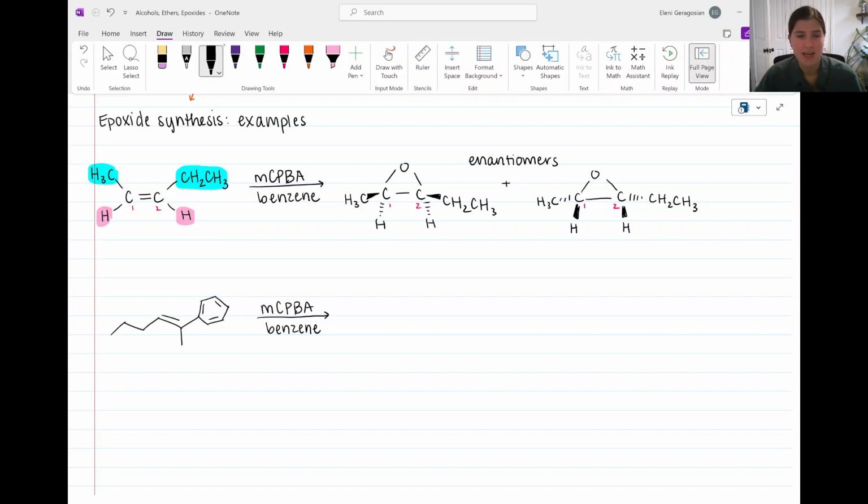Now we said that metachloroperoxybenzoic acid will create an epoxide ring wherever there is an alkene. In this second example, that will happen only in this alkene that's part of that chain, and not the alkenes that are part of the aromatic ring.